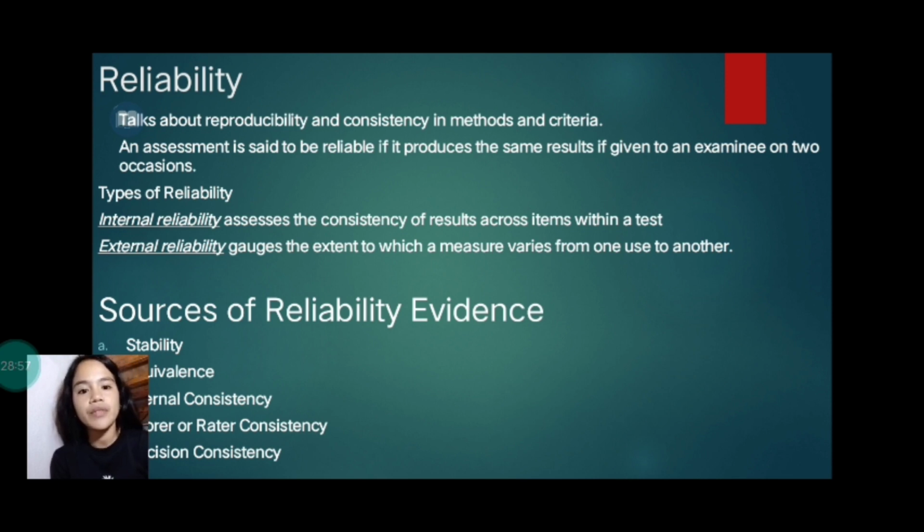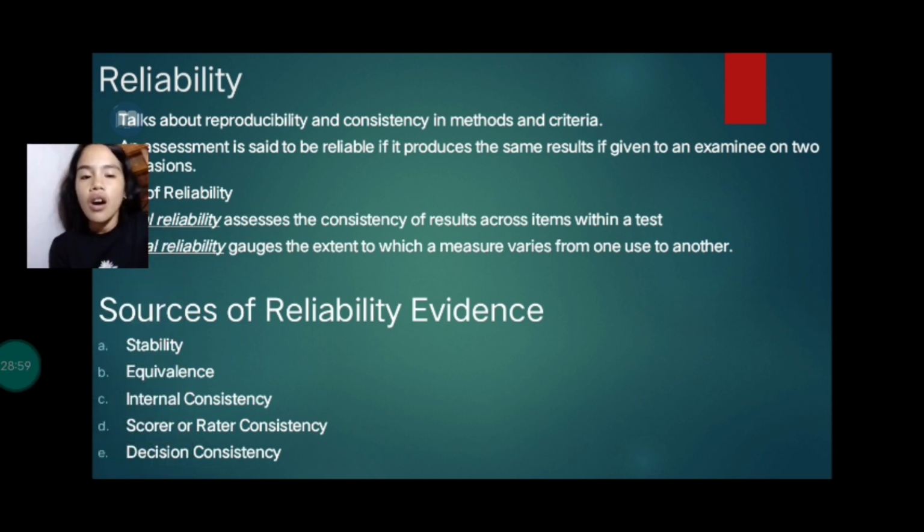And these are the sources of reliability evidence: stability, equivalence, internal consistency, scorer or rater consistency, and decision consistency. If the result of the performance of the student is consistent, then we can call it reliable.